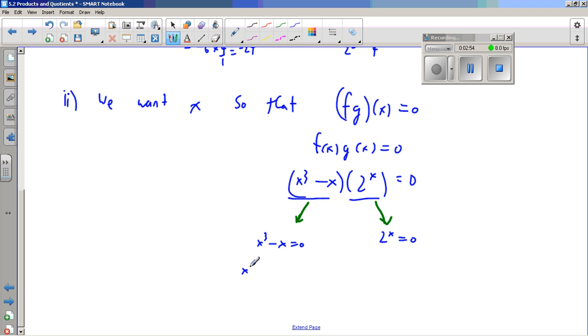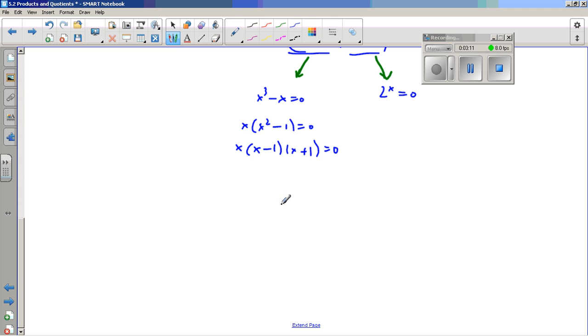Well, I'm going to factor it. Common factor first. Okay, still working because this can be factored, difference of squares. Yeah, I can hear you sort of saying, oh boy, all that stuff that I need to remember. Yeah, all that stuff you need to remember. I told you, this is a great unit for right before the exam. And then now I've got a factored version of this, and I have my solutions x equals 0, x equals 1, x equals -1. And so those are three solutions.